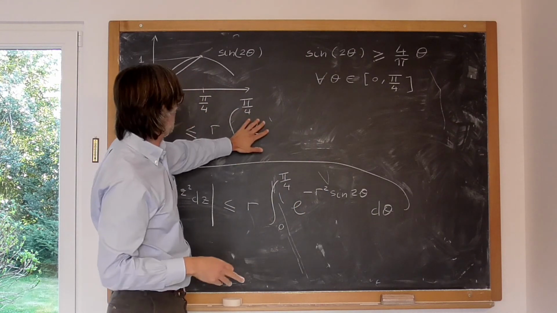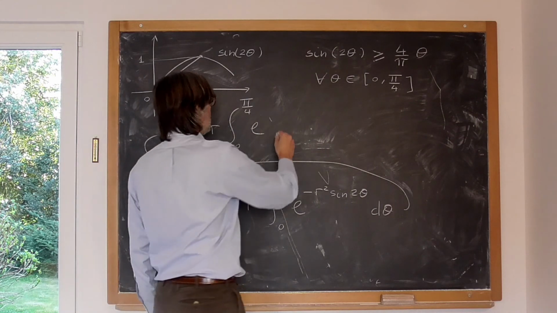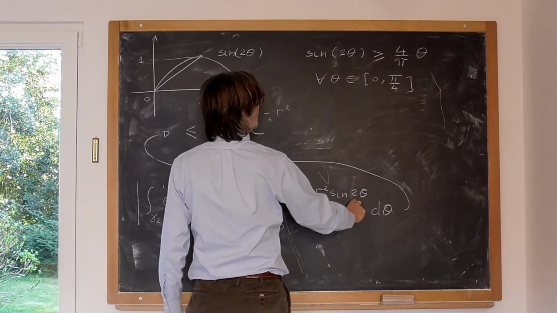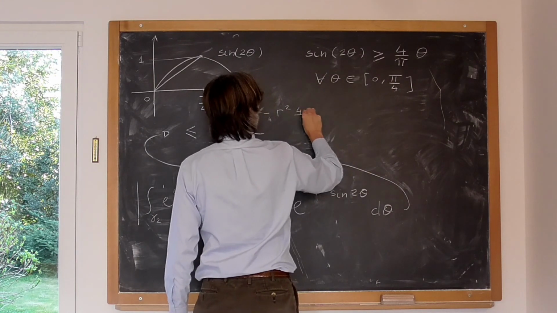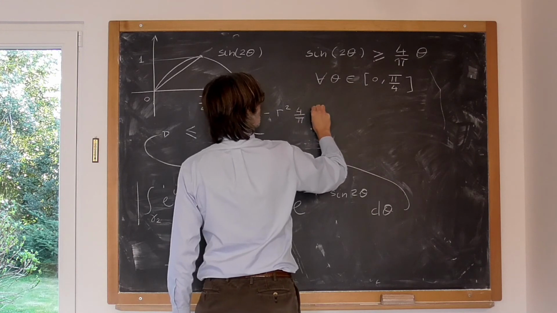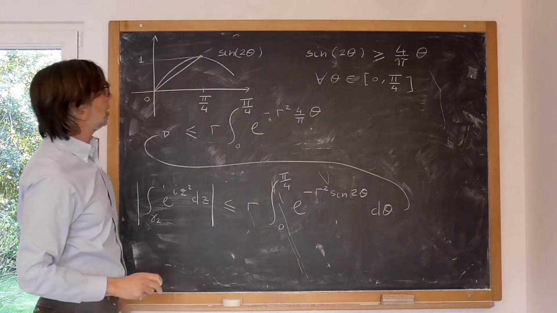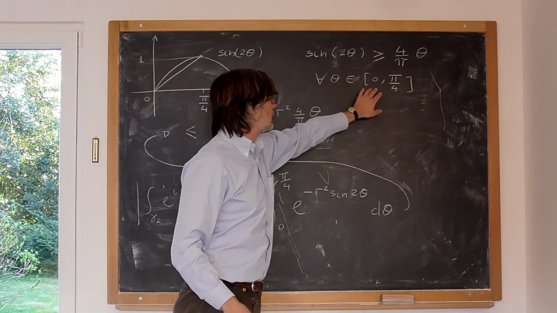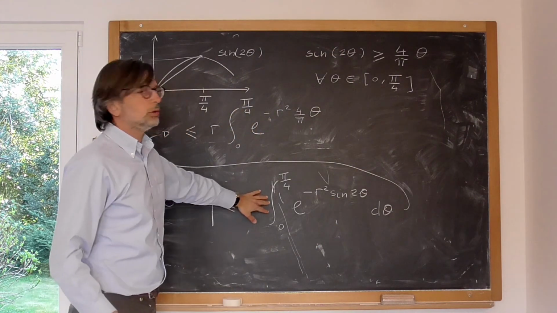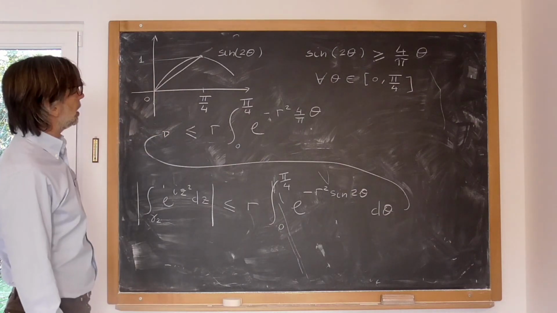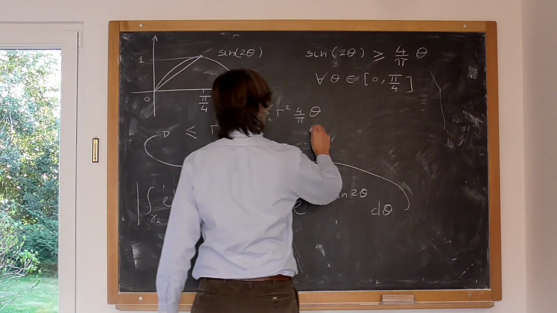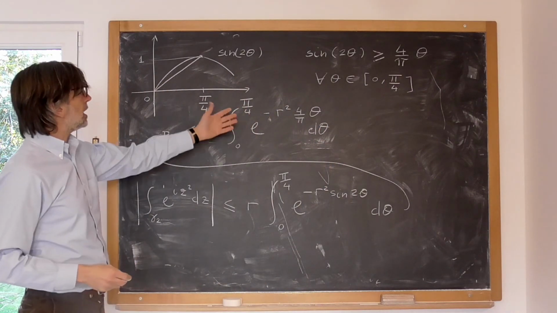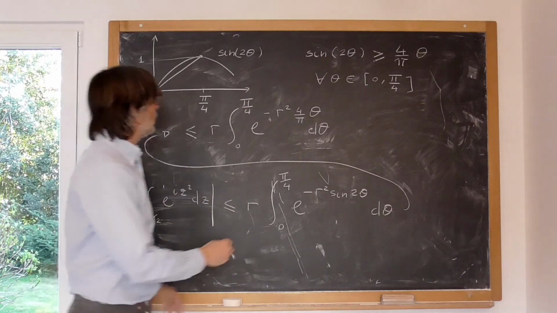So this is less or equal than e to the minus r squared, and instead of sine, I can put 4 over pi theta, because this inequality holds exactly on this interval, which is also the interval on which we are integrating in d theta. And this is now a nice integral that we can just compute.